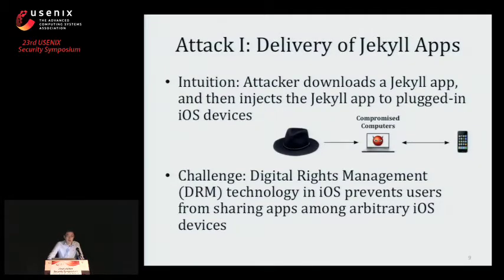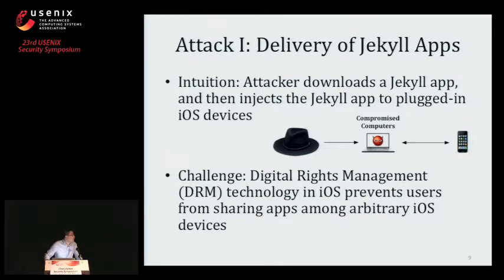The first attack is that we show we are able to deliver Jekyll apps at scale. The intuition is this: if your computer is already controlled by the remote attacker, and now you connect your phone to the computer, the attacker can remotely instruct your computer to inject Jekyll apps into the plugged-in iOS devices.